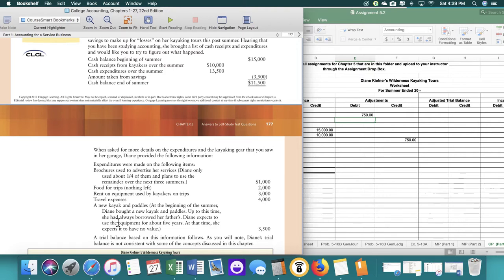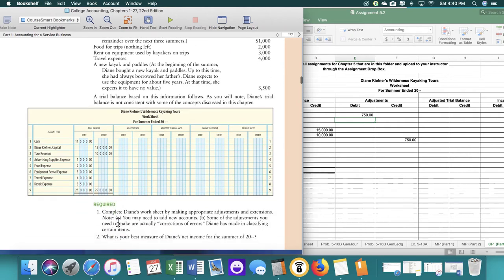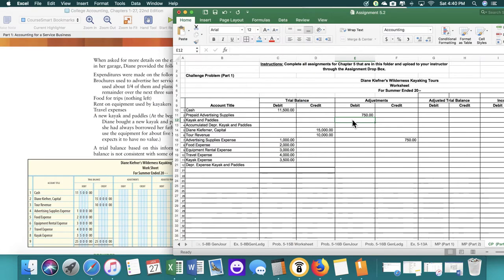She expects to use the equipment for about 5 years, and there is no salvage value. And that was $3,500. And so we're going to have to enter that as a debit in kayak and paddles, since she does not have that up to date.